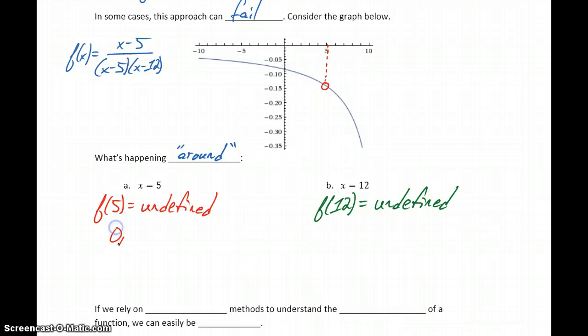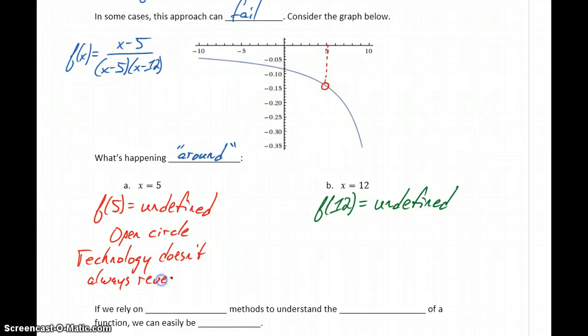So f of 5 should be represented as an open circle on our graph, but we don't see that in this picture. The reason is that technology doesn't always reveal these open circles. So technology can hide certain information from us.